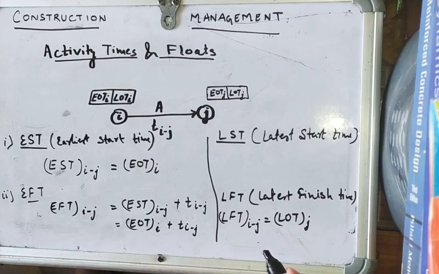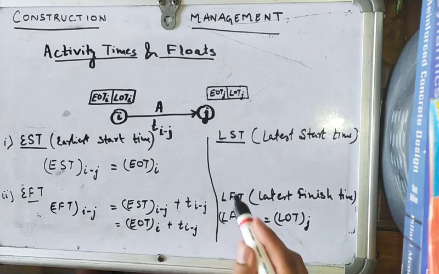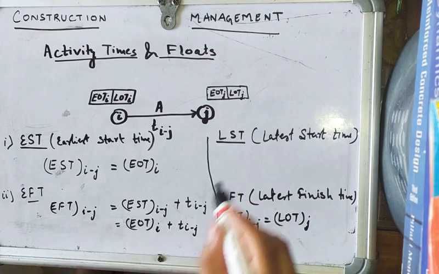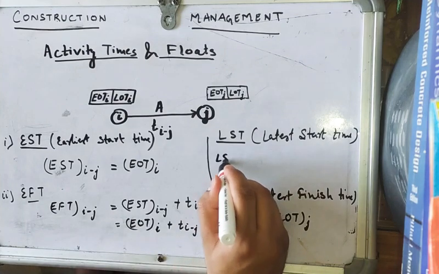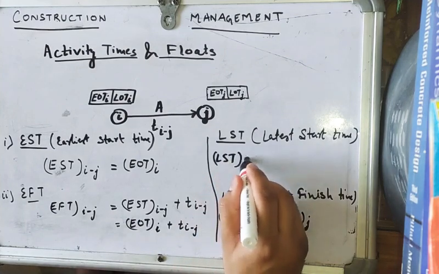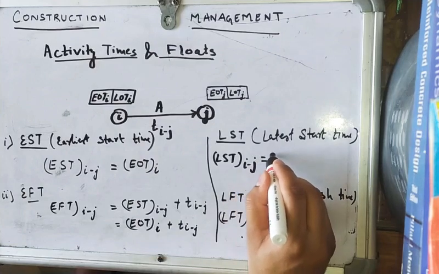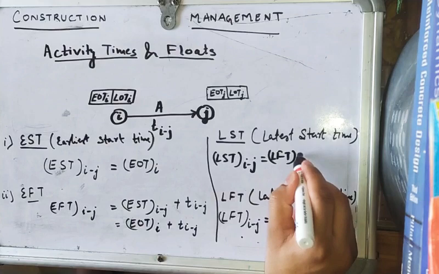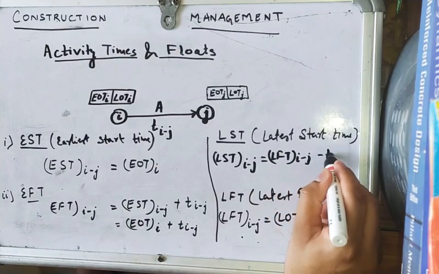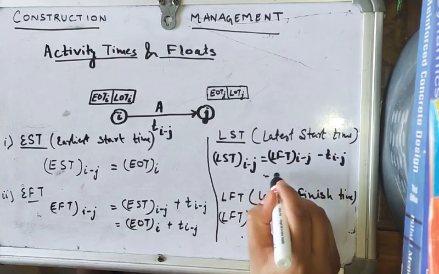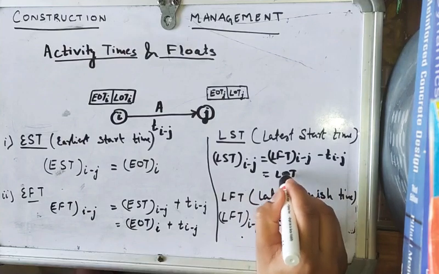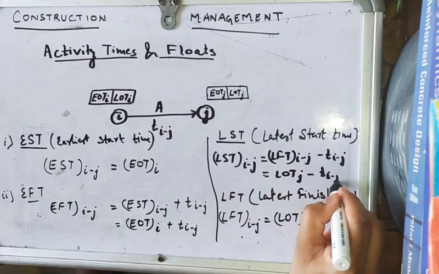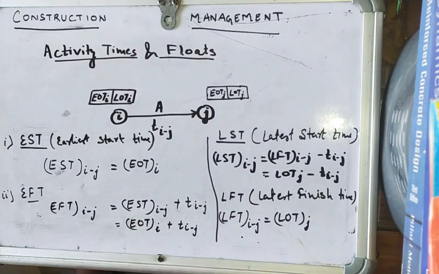So what will be the latest start time? Latest start time will be the latest finish time minus the time taken by the activity. So the latest start time for this activity ij will be the latest finish time minus the time taken by the activity. It will be LOT j minus tij. Clear?